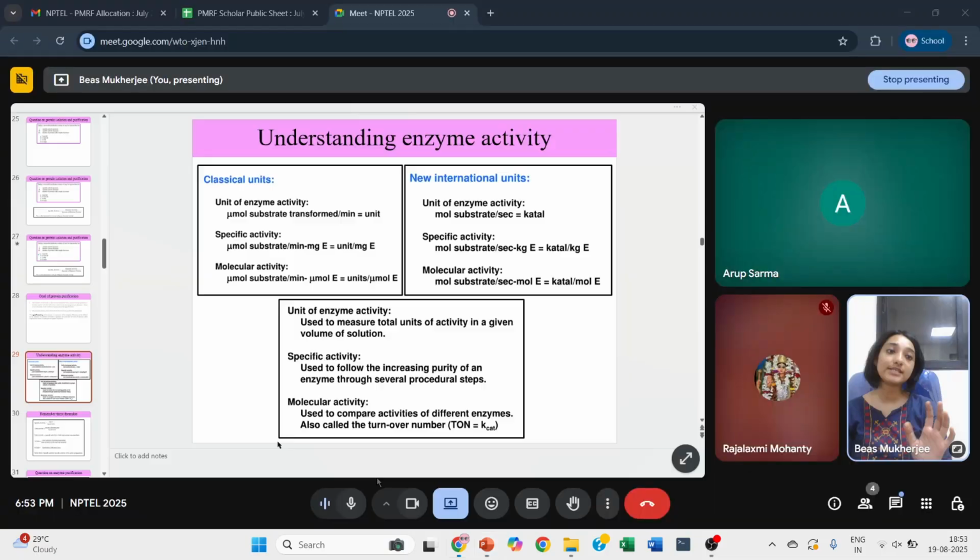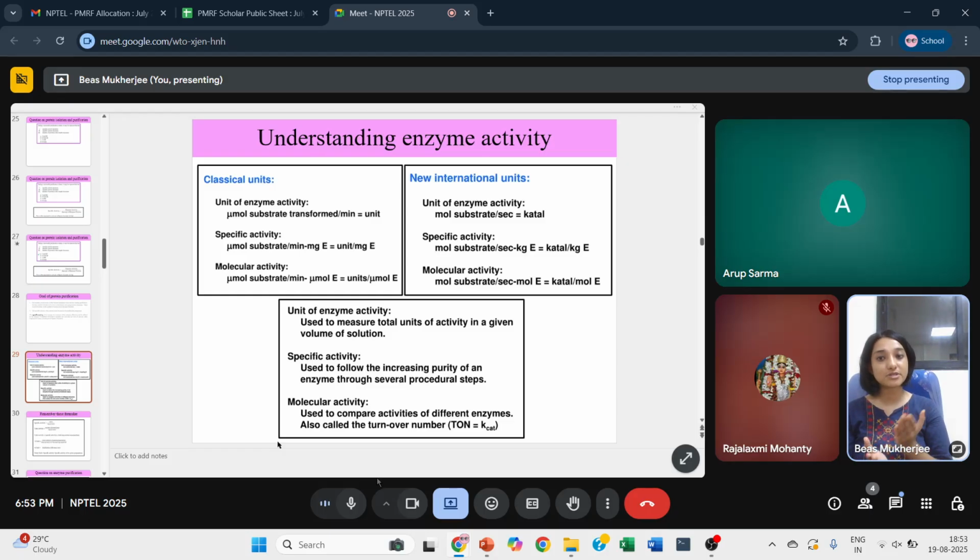Next important thing is you need to remember all of this thoroughly, because there will be questions on enzyme activity, and I am not going into the details of this because all the slides will be available to you, so you can go through all of this in detail. Okay. So see classical units and international units, and there will be numericals.